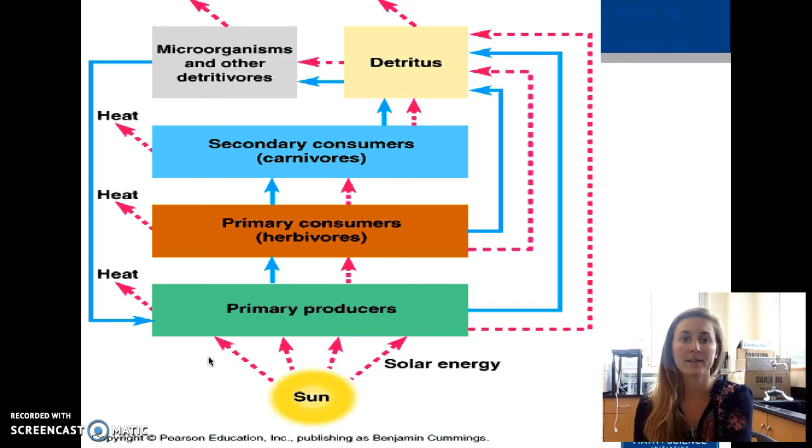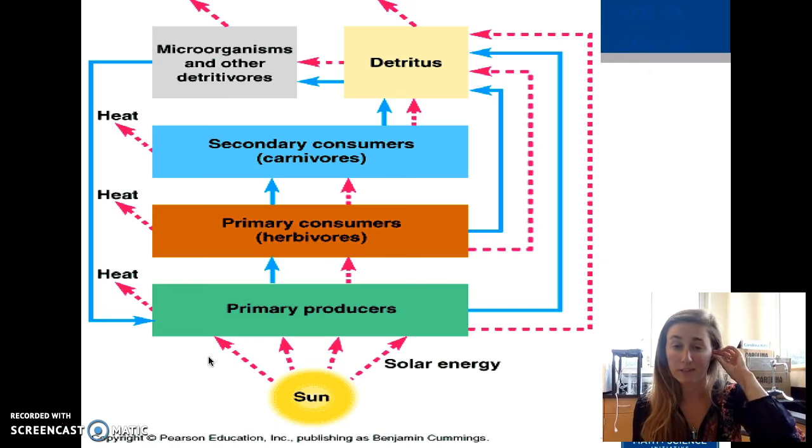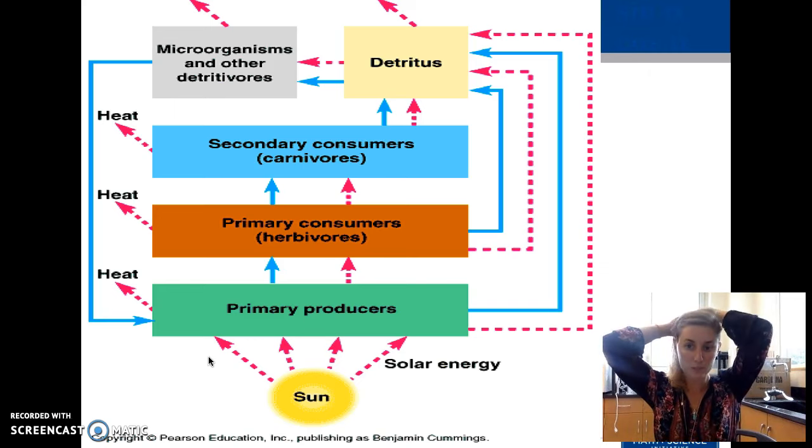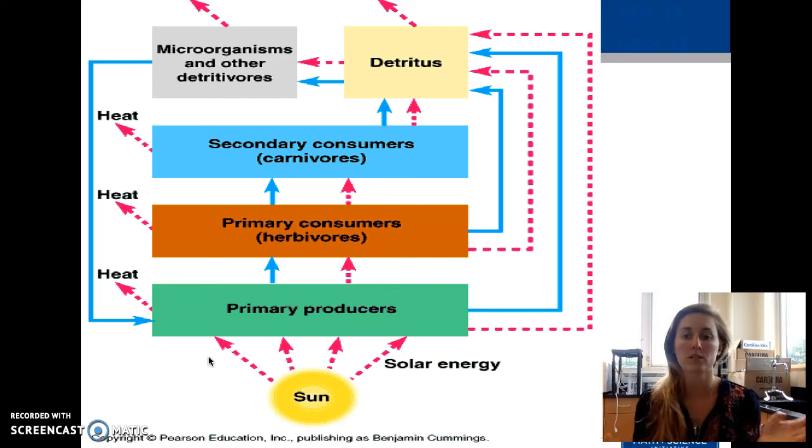So there is a small amount of energy directly transferred and a whole lot lost on both sides. The blue arrows indicate the transfer of the geochemical, so carbon, all that stuff, and we will talk about that later. What's important here is that the reason we cut down so quickly on the amount of energy that's transferred is because it's being lost in a variety of ways, and we are not a very efficient system.